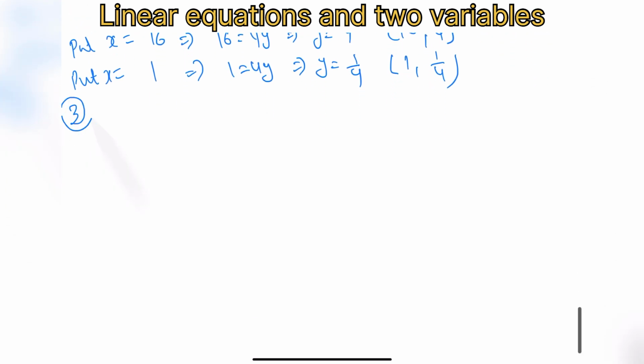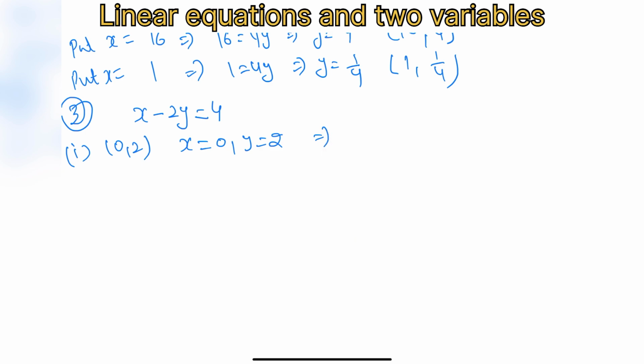Now we have the third question, that is check which of the following are the solution of the equation x minus 2y is equal to 4 and which are not. So first part we have given (0, 2). So here the value of x is 0 and y is equal to 2, and we have to put this value in the given equation and verify whether we get the right hand side value or not.